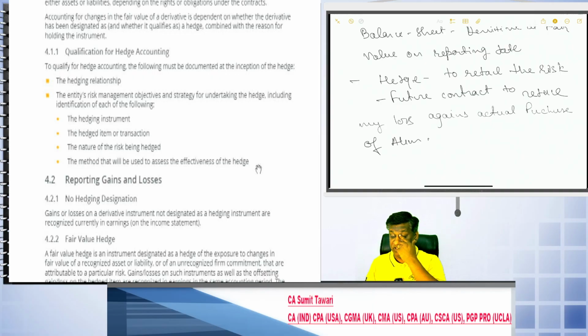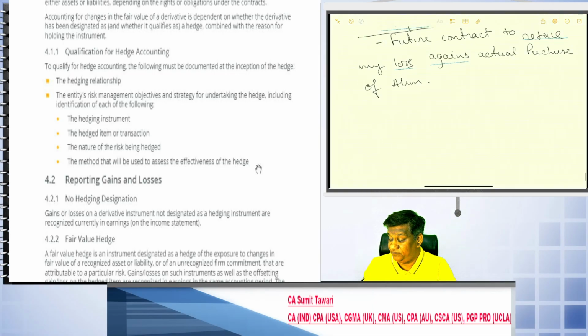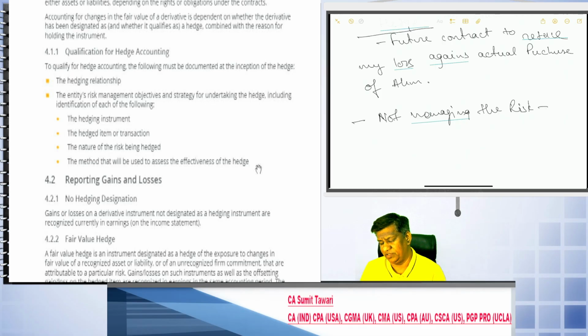That is basically the hedging contract. If your intention or strategy is to reduce or manage the risk, then we can say this is hedging. If this is not the situation, meaning we are not managing the risk, then there is no other element of the contract.